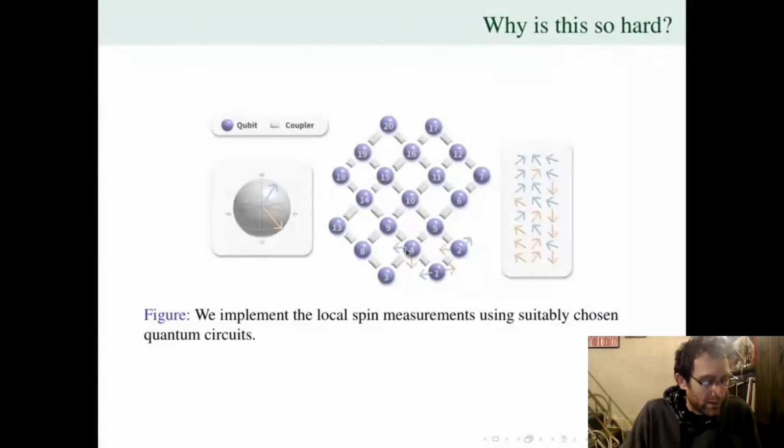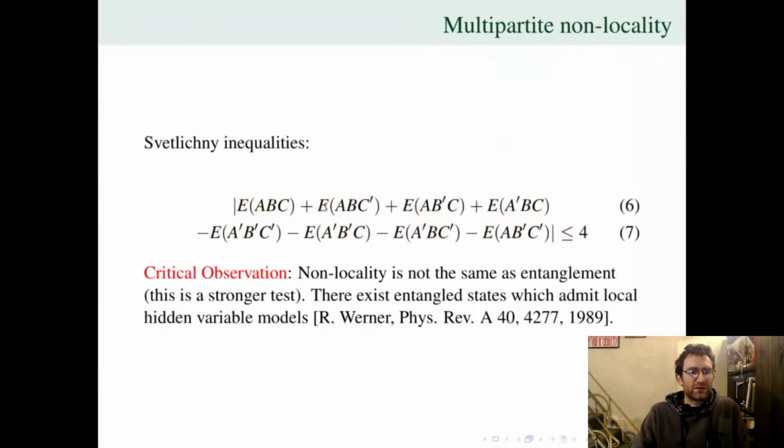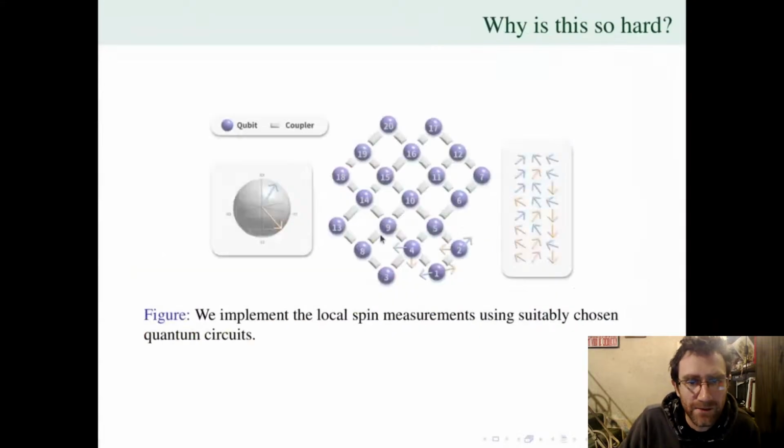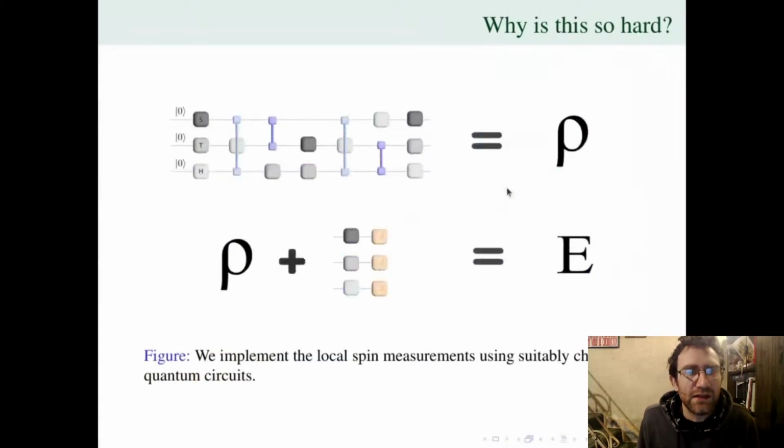The idea is that you need to make an implementation on a quantum computer of these correlation terms, and then you need to simulate the spin orientations A, B, C, A', B', C'. There are 2 spin orientations for each particle, displayed here as blue and yellow arrows, and you need to create in a quantum computer these correlation terms and compute the statistics.